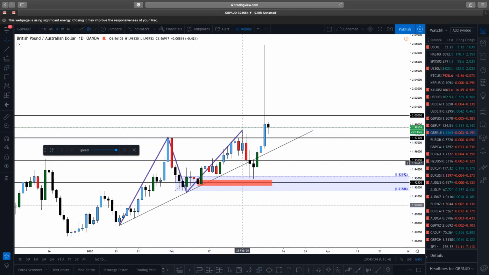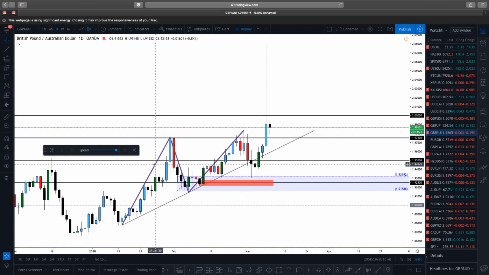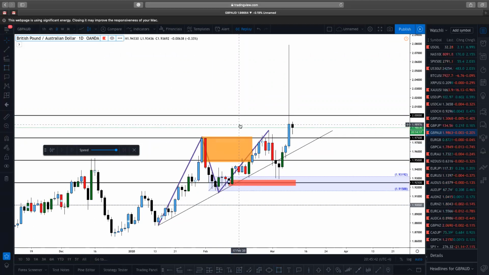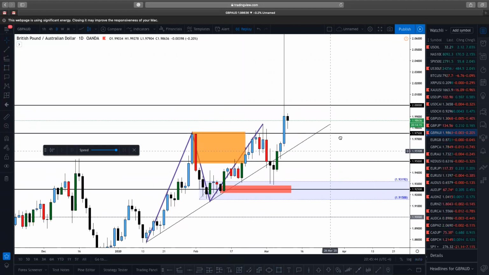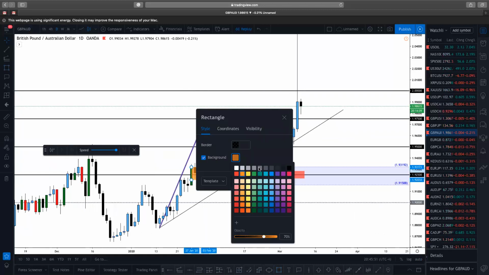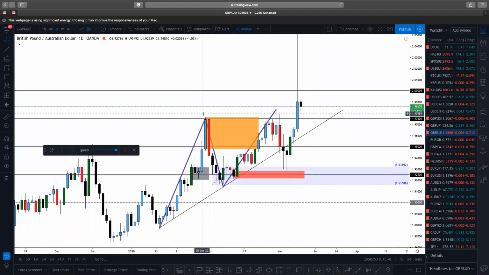This was the valley. It removed this supply, right? This was supply. It's not that pretty, I know. And this supply was responsible for removing this demand, right?